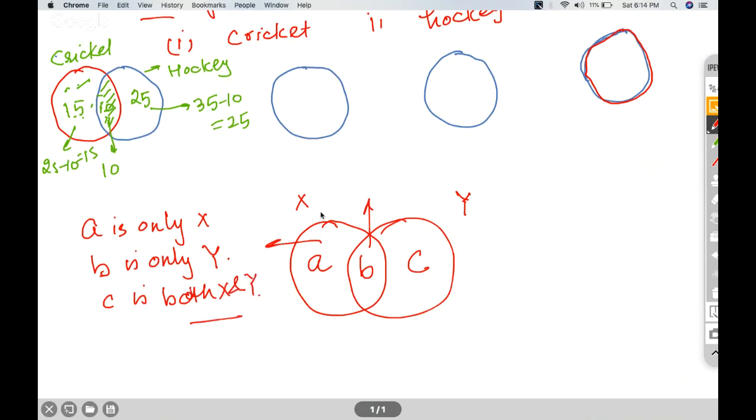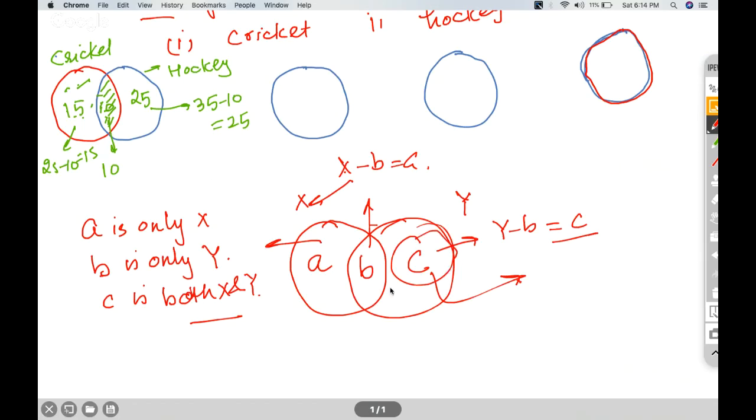To find only x, if x has been given completely, I'll do x minus b. Similarly y minus b is only y. So that is what I have been doing here: 25 minus 10 is equal to 15, which is only cricket, and 35 minus 10 is equal to 25, which is only hockey.